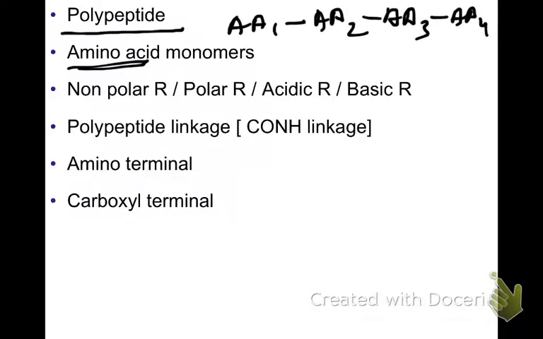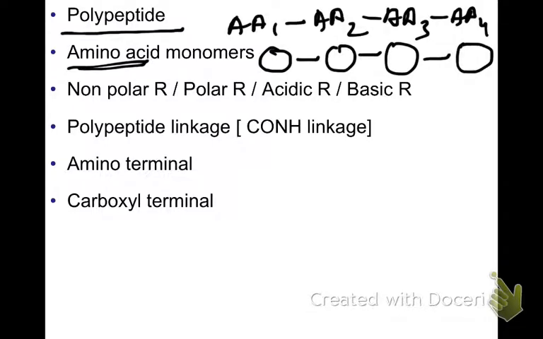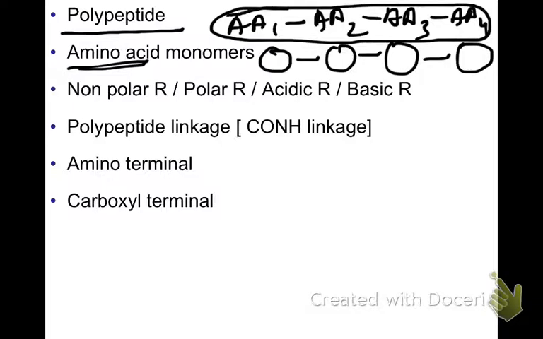Now remember, in the case of carbohydrates, I was just talking about one glucose joined to another glucose and so on and so forth. In that case, it was the same molecule repeating. In this case, it is repeating units of a certain kind or genre of molecules.